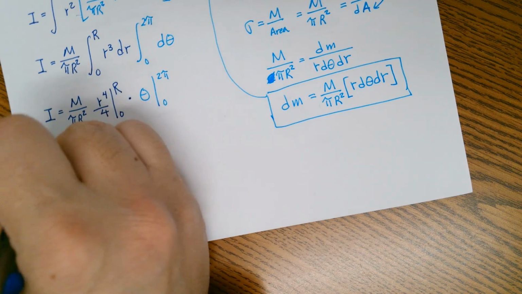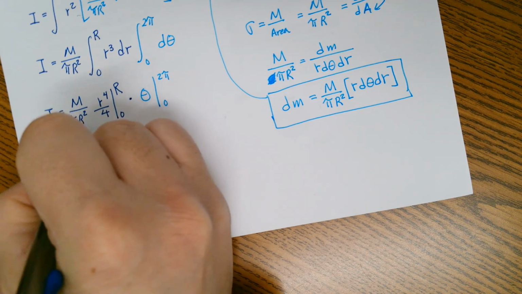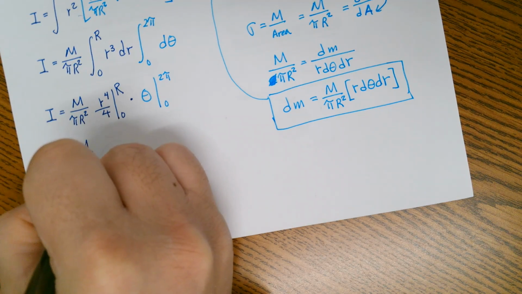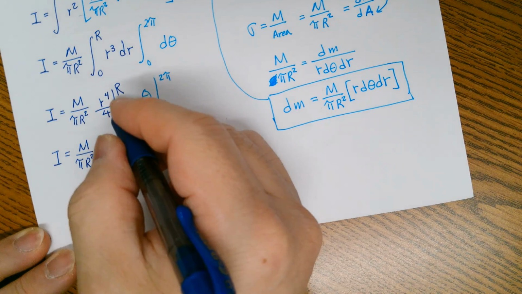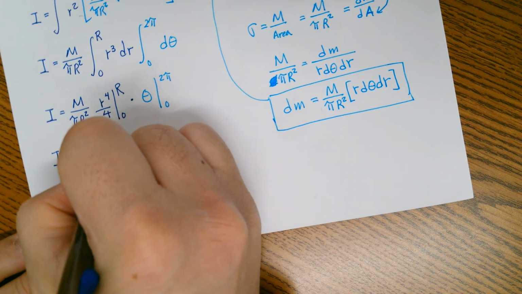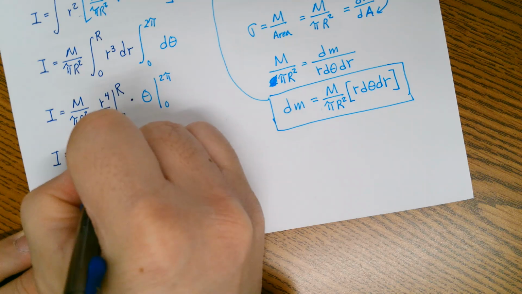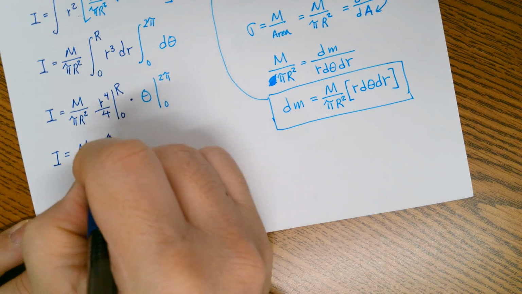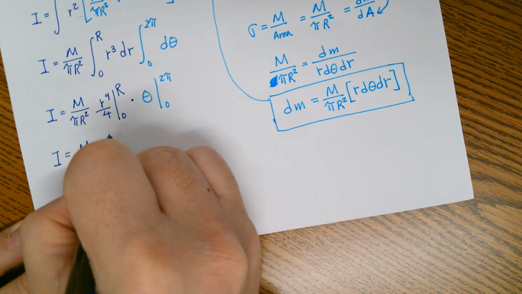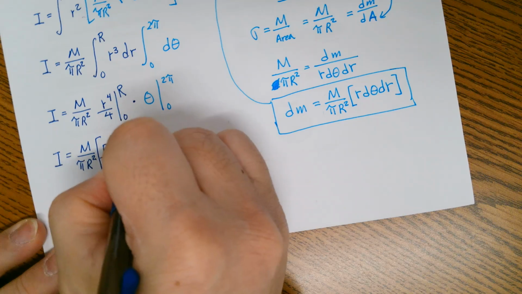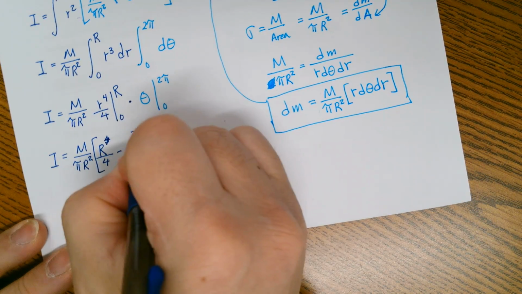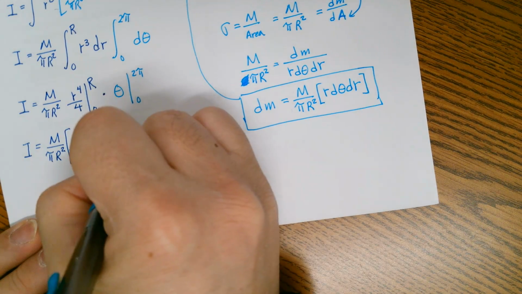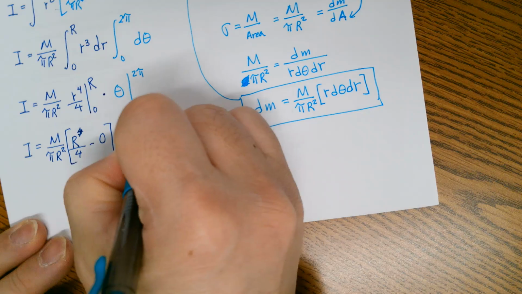So this becomes m over pi r squared times r to the fourth over 4 minus 0, times 2 pi minus 0.